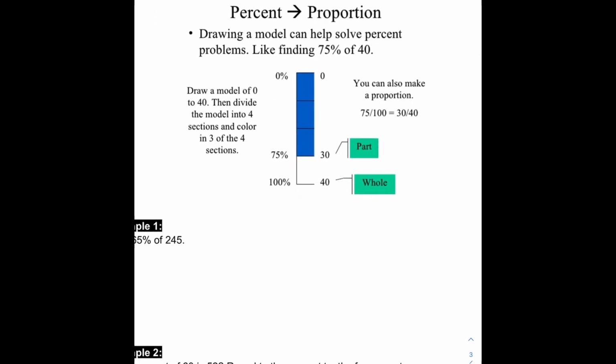So just want to look at this model here, and you can see that this entire block is broken up into 4 chunks. 1, 2, 3, and then our fourth one. So considering that the entire thing is 100%, they broke it up into 25%, 50%, 75%, and 100%.